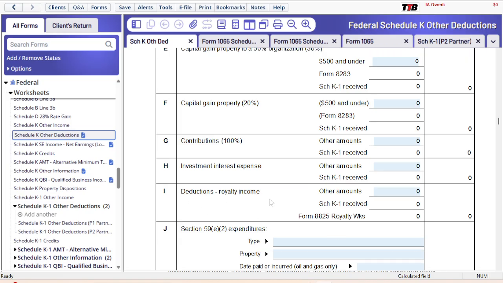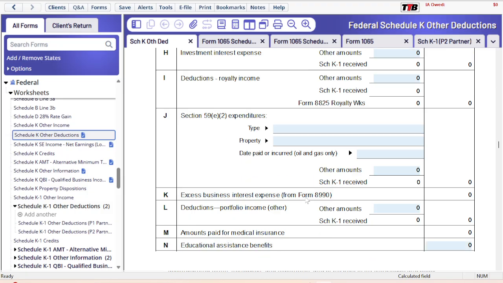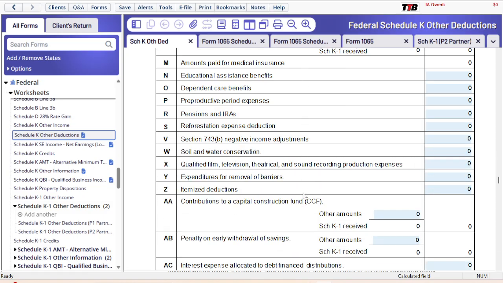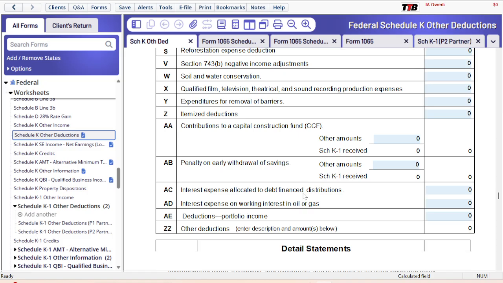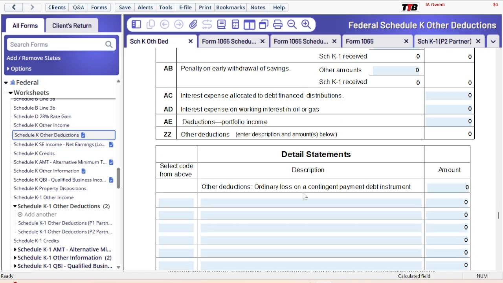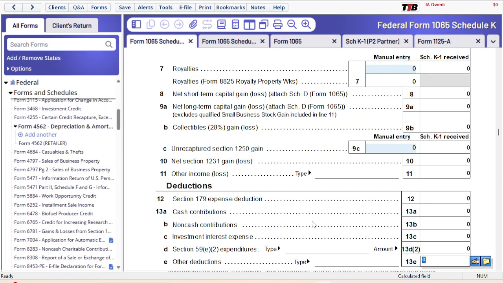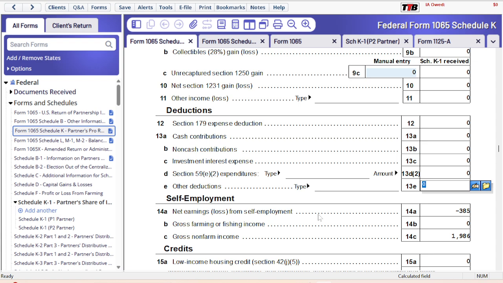You see, deduction for royalty income will be here as well. So if you are receiving royalties, that is where you put your related royalty expense. And we can just go back. In this, we don't have any of those expenses, so we are going to get out of there.